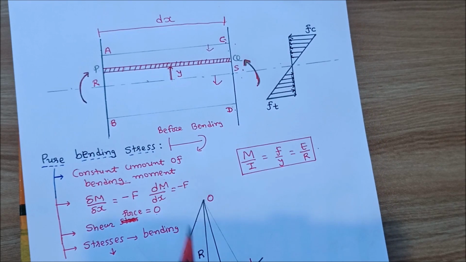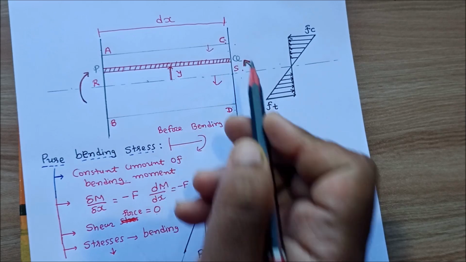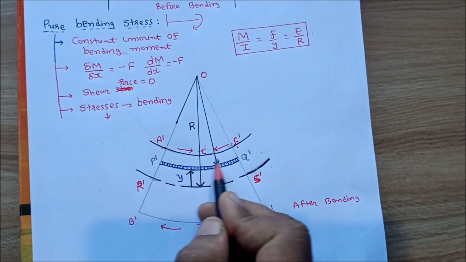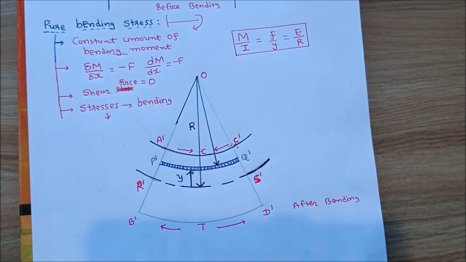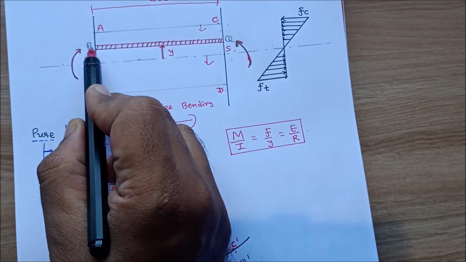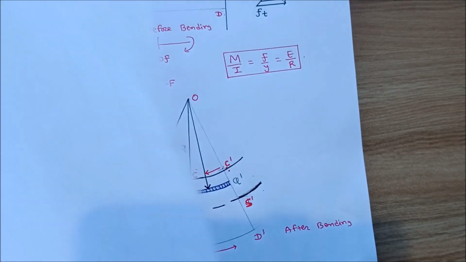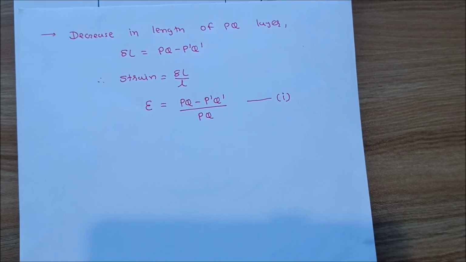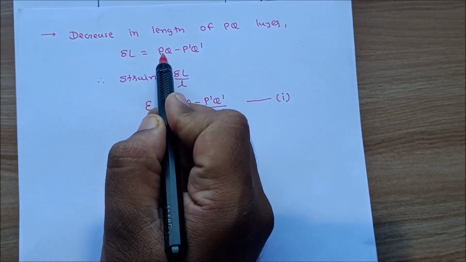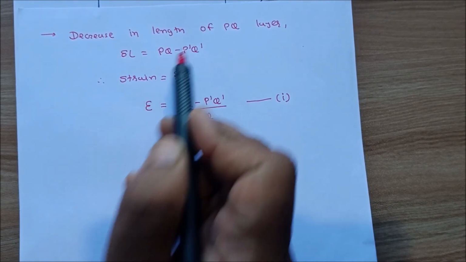So before bending, for example, length is 10 centimeter and after bending length is 8 centimeter. So change in length, that is 10 minus 8. So here we can write change in length, that is PQ minus P dash Q dash. So decrease in length of PQ layer, that is delta L, is equal to PQ minus P dash Q dash.